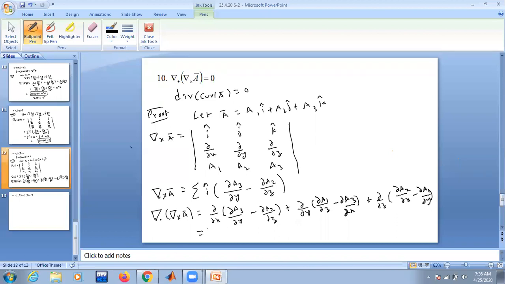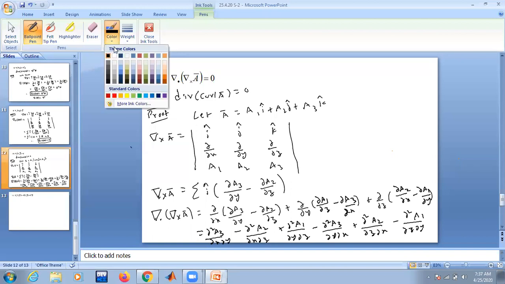This is dou square a3 by dou x dou y minus dou square a2 by dou x dou z plus dou square a1 by dou y dou z minus dou square a3 by dou y dou x plus dou square a2 by dou z dou x minus dou square a1 by dou z dou y.